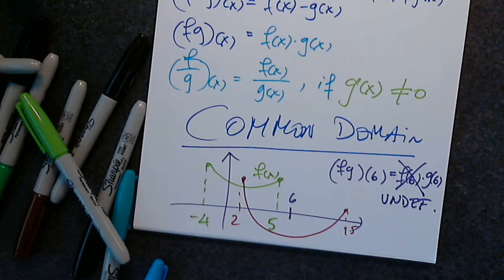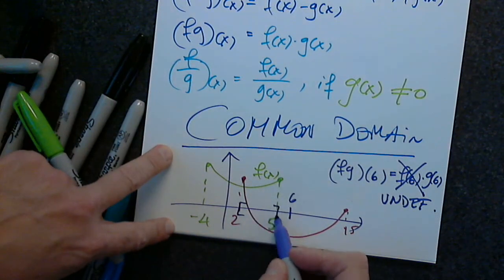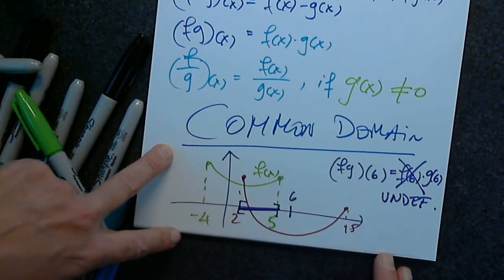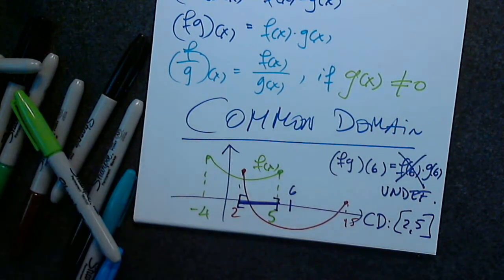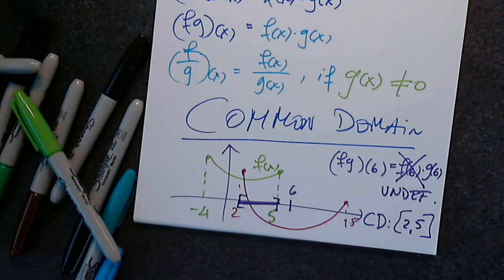Because between 2 and 5, they both exist. Outside of 5, only one of them exists. To the left of 2, only the other. So that's what we call the common domain. I cannot ask you to determine the sum, difference, product, and ratio on any other piece but what is called CD, common domain, 2, 5. If I'm outside of that interval, you will not be able to evaluate or determine sum, difference, product, and ratio.